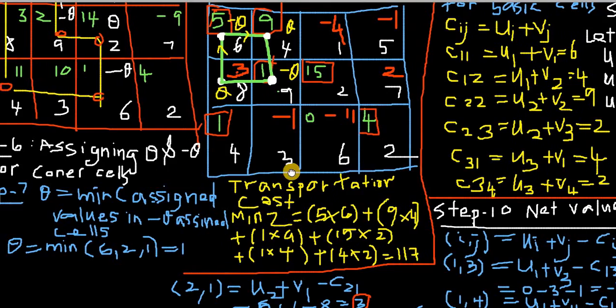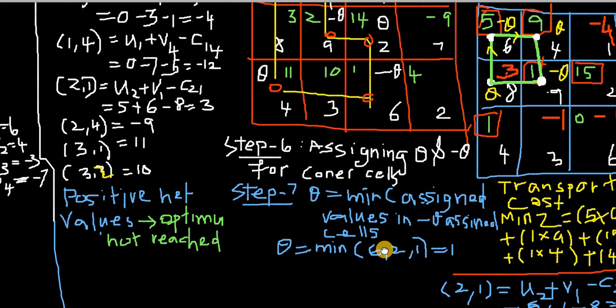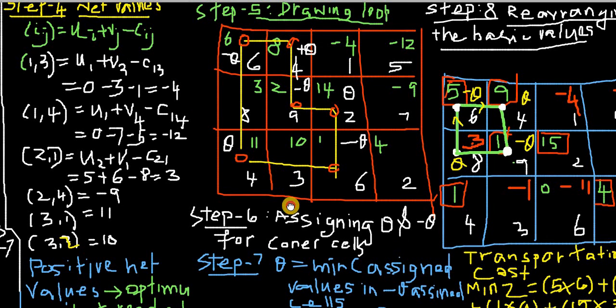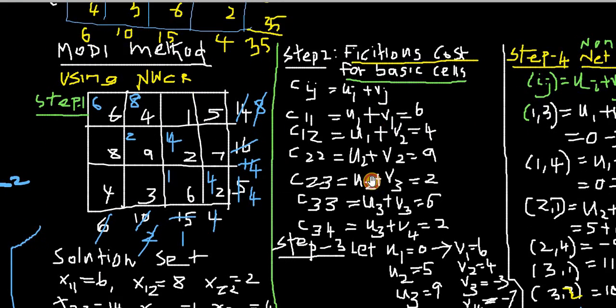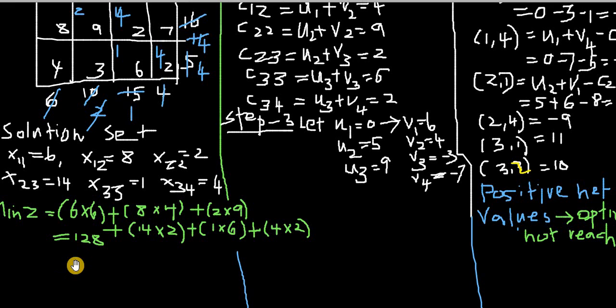But previously by the northwest corner cell, what was the value? By the northwest corner rule, 128 rupees. With the northwest corner rule, the assignment allows going from here to here, 6 items from first to second, 8 items like that.